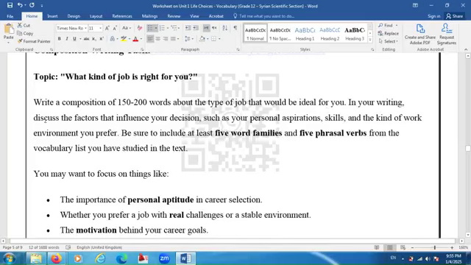In your writing, discuss the factors that influence your decision, such as personal aspiration, skills, kind of work, environment you prefer. Be sure to include at least 5 word families and 5 phrases or phrasal verbs, as I told you, from the vocabulary list you have studied in the text.